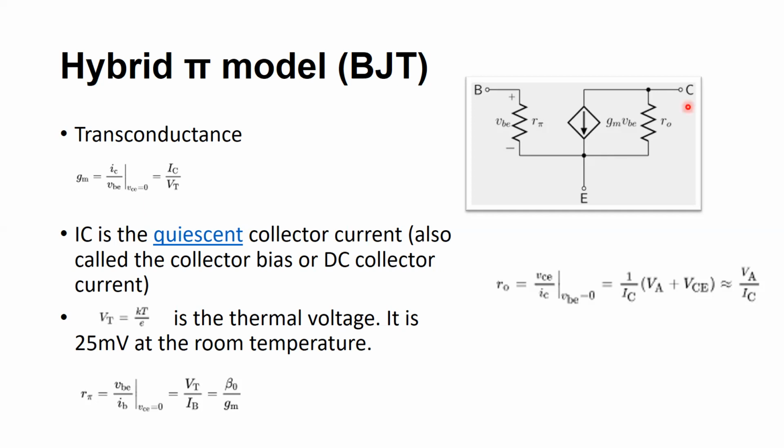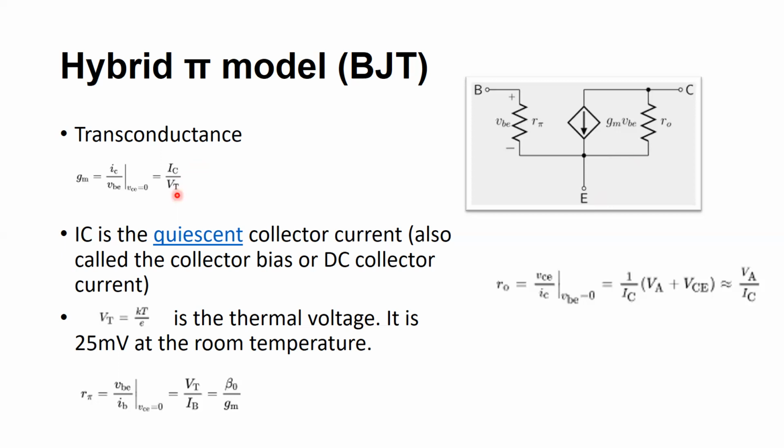It means the collector and emitter terminals are kept short circuited, because vc is 0 here. And we see that it is equal to IC over VT.